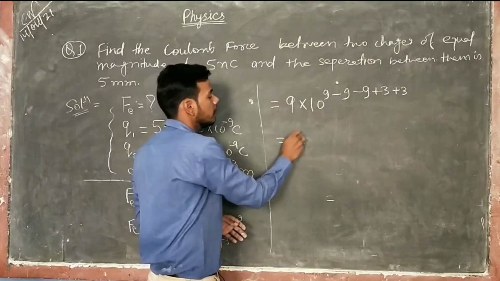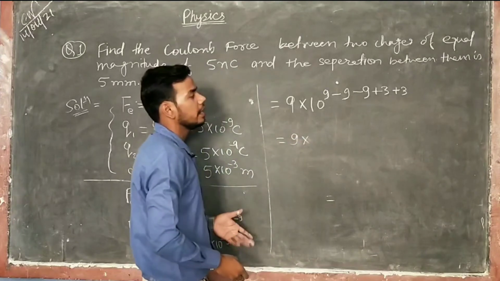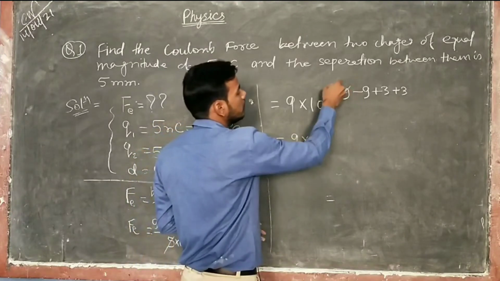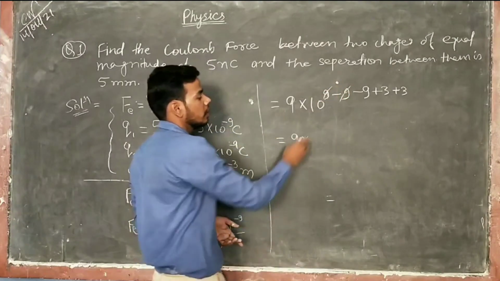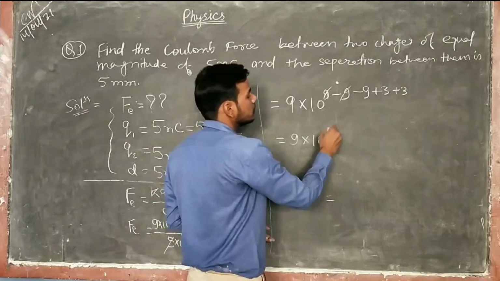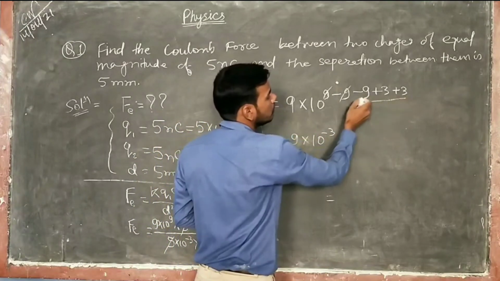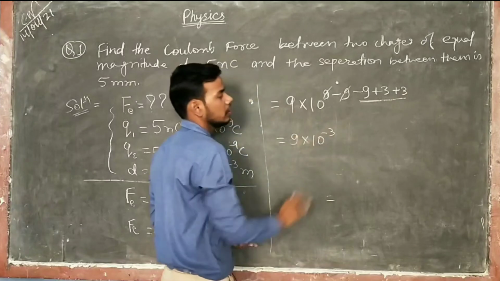So students, the final answer would be 9 into this 9, and this 9 would be cancelled out, 10 to the power minus 3. Here you can solve it, you will get minus 3.